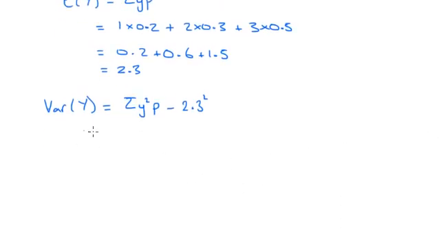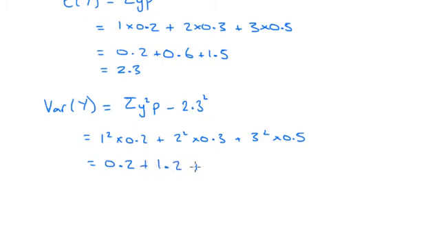So we're going to do 1 squared times 0.2, 2 squared times 0.3, and 3 squared times 0.5, which is going to be 0.2, 1.2, and 4.5, and take away 2.3 squared.